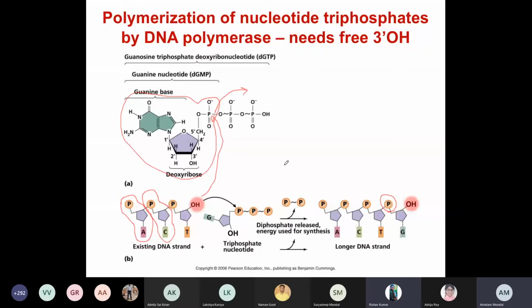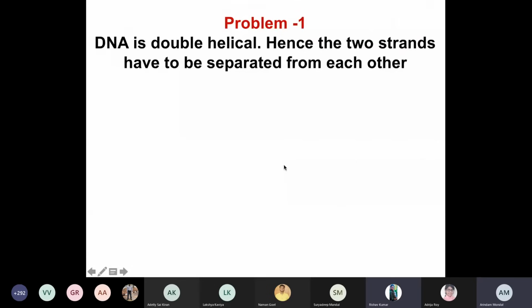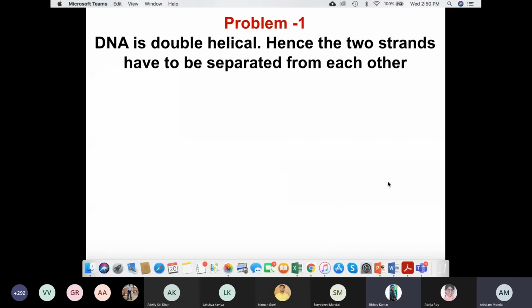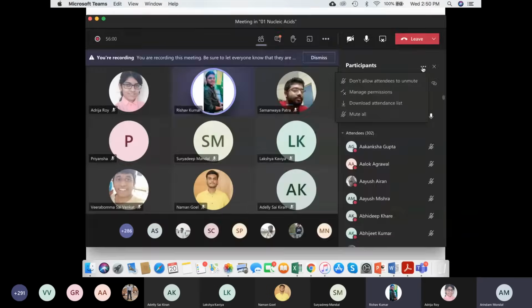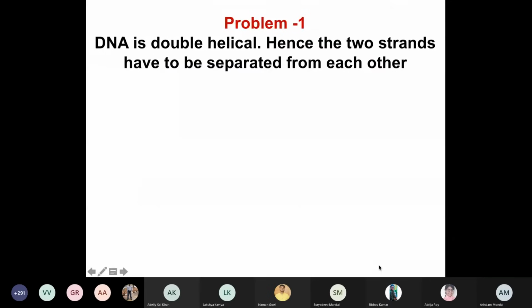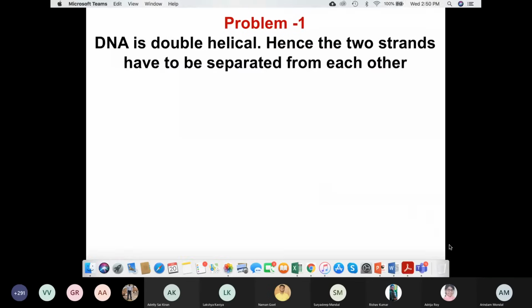But how does it happen during the DNA replication process? Let's look into that. Instead of looking into the process in a conventional way, that is initiation, then priming, then elongation, and then termination, these are the 4 steps: initiation, priming, elongation, and termination.